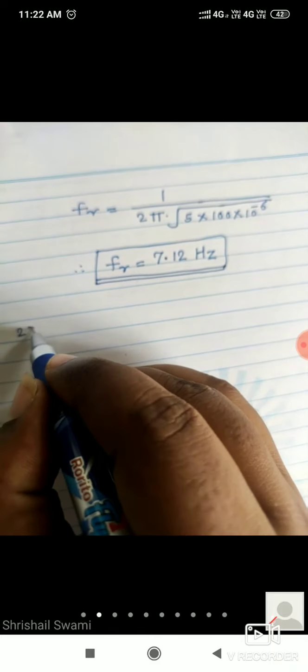Now next point, once you got the resonant frequency, you have to find out the quality factor.